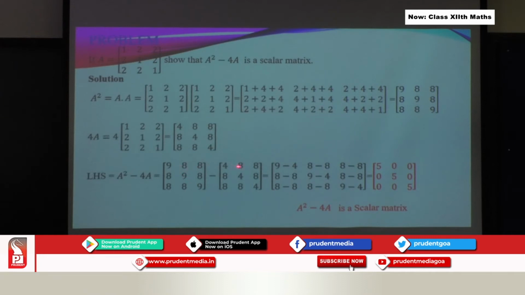When I find the difference, I get 9 minus 4, which is 5. 8 minus 8, 0. 8 minus 8, 0. So the final output you have over here will be a scalar matrix with scalar 5 along the diagonal.